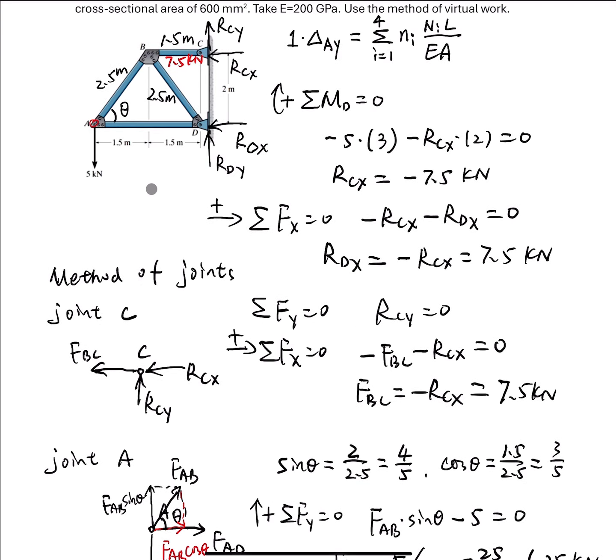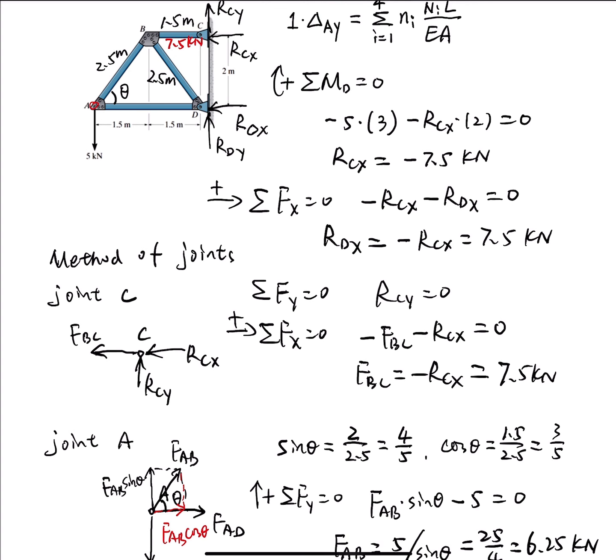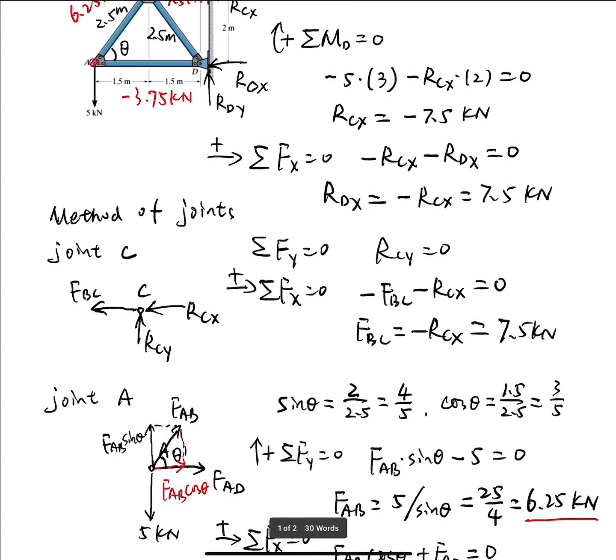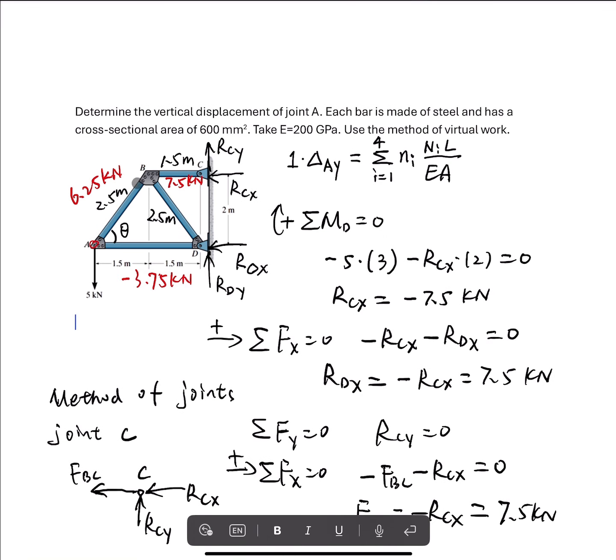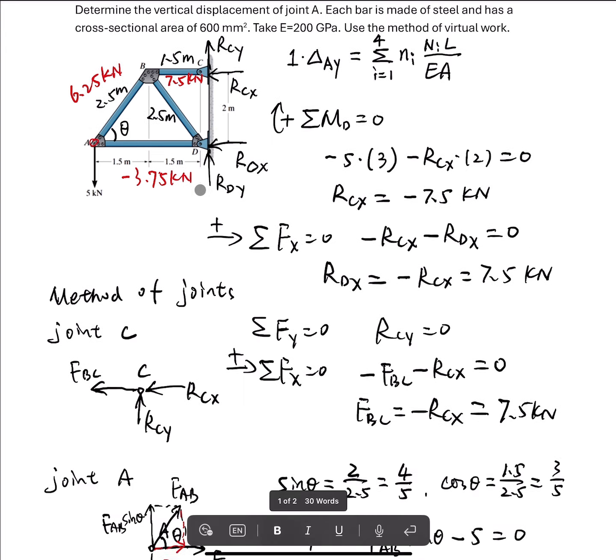So we put the values over here: 6.25 kilonewton, and AD is negative 3.75 kilonewton. And the only member force we don't know is member BD. Okay, so for member BD, we can draw joint B. Let's see how to do that.